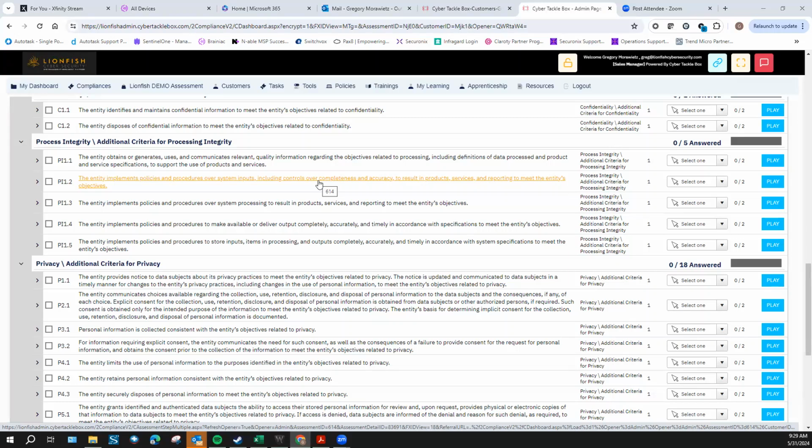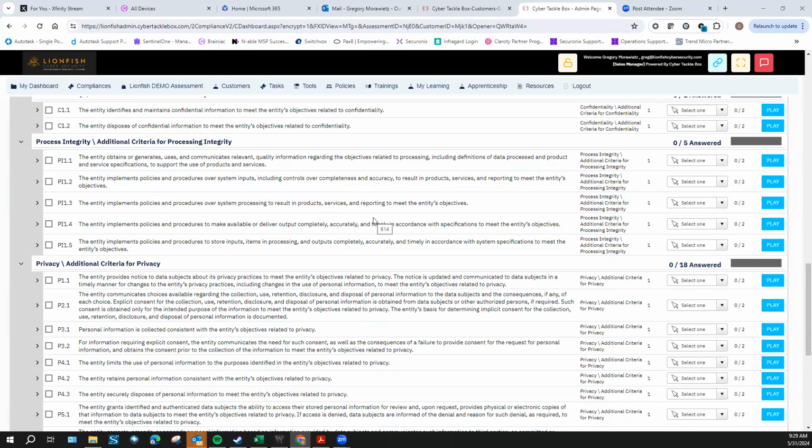You want to have something like a multi-factor authentication policy, because that supports the fact that you're not going to be compromised. You want all the policies and procedures that you created before to also include policies and procedures that revolve around your computer environment.